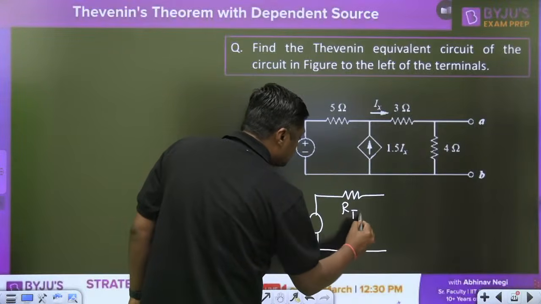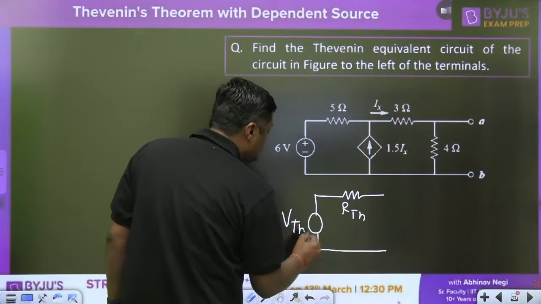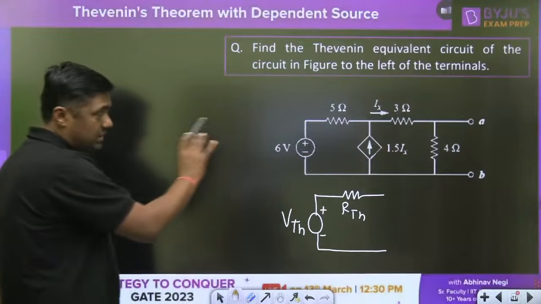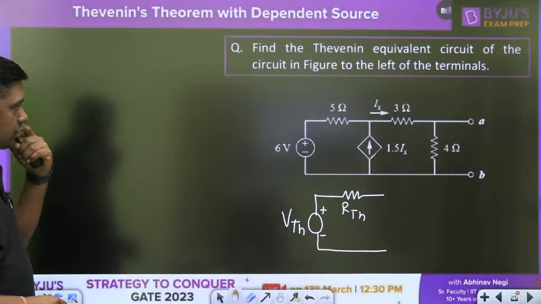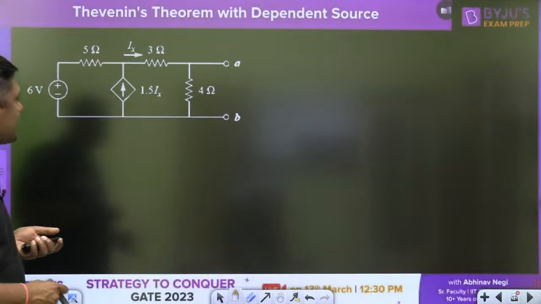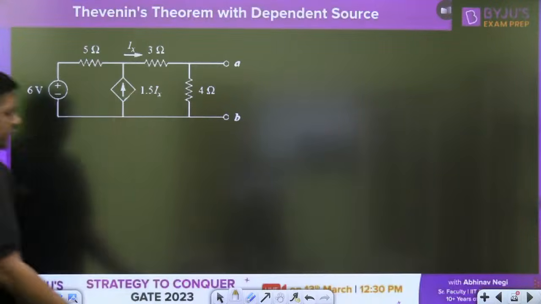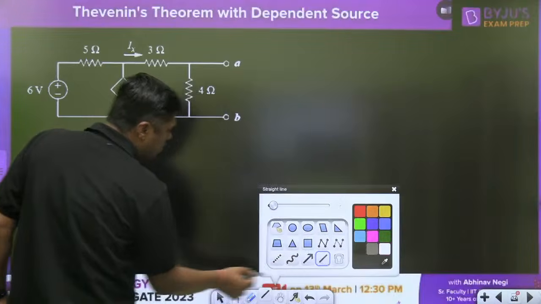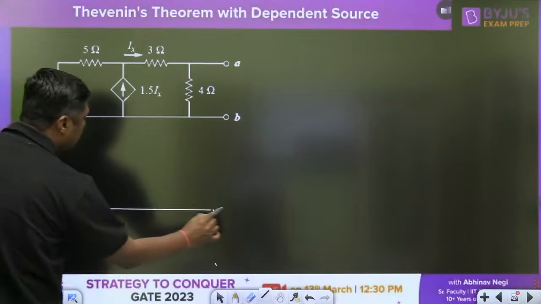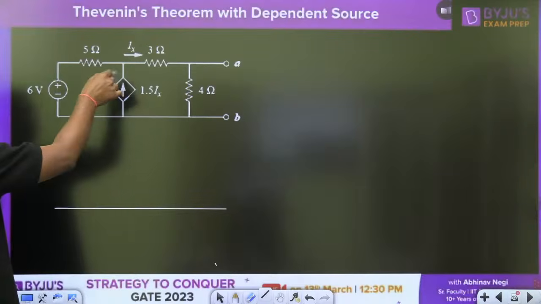Now new students, I am giving you some simple question on this, and then we will solve this particular question. For example, if there is no current source, then this question will become very easy. Other students, try to solve this question and give me the answer.